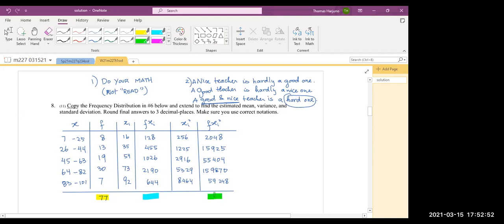I need to add those numbers. This is 4,443.